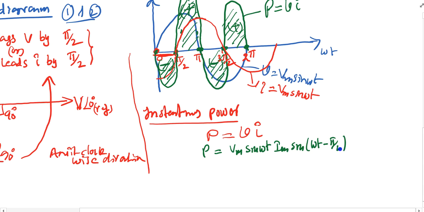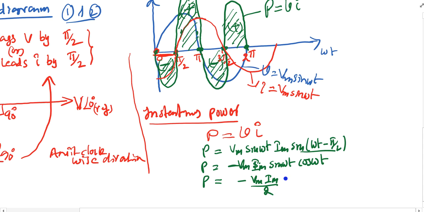So P is equal to Vm and Im sin omega t and, taking the minus, converting this into cos omega t. So finally P, we are getting, is minus Vm Im by 2 into sin 2 omega t.